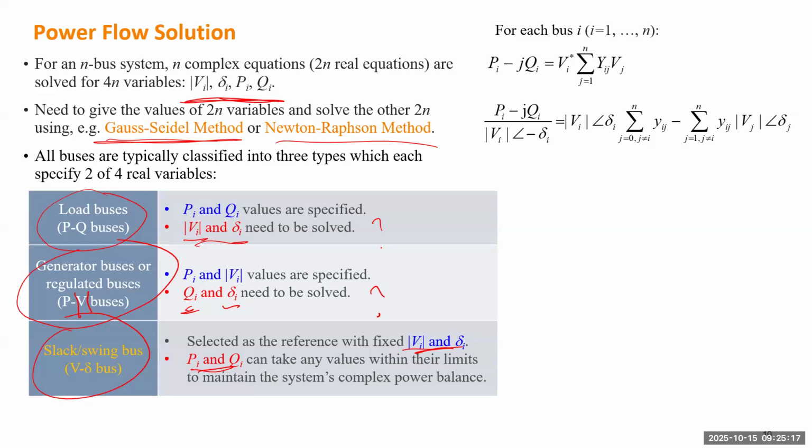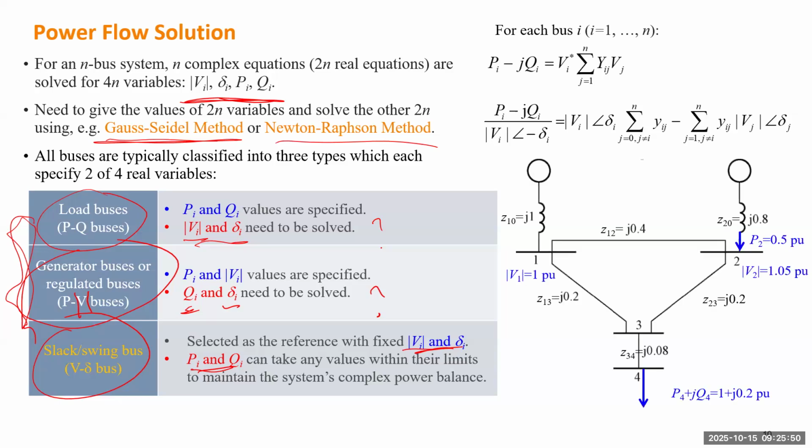So the P and Q just try to compensate for the imbalance of the entire network in terms of both real power and reactive power. So the power flow solution method typically will find the values of the first two types. And when we determine the first two types, the P and Q of the last type can be calculated depending on how much P or Q is needed to ensure the power balance of the entire network.